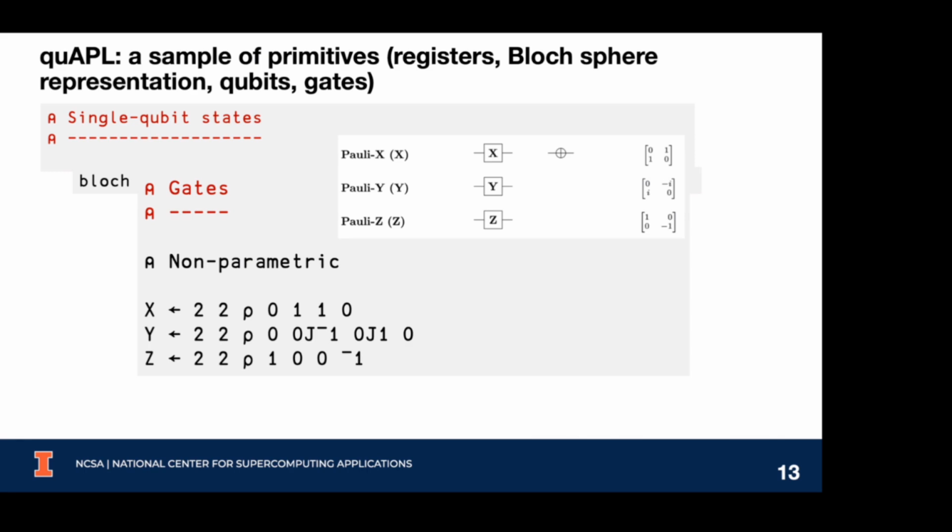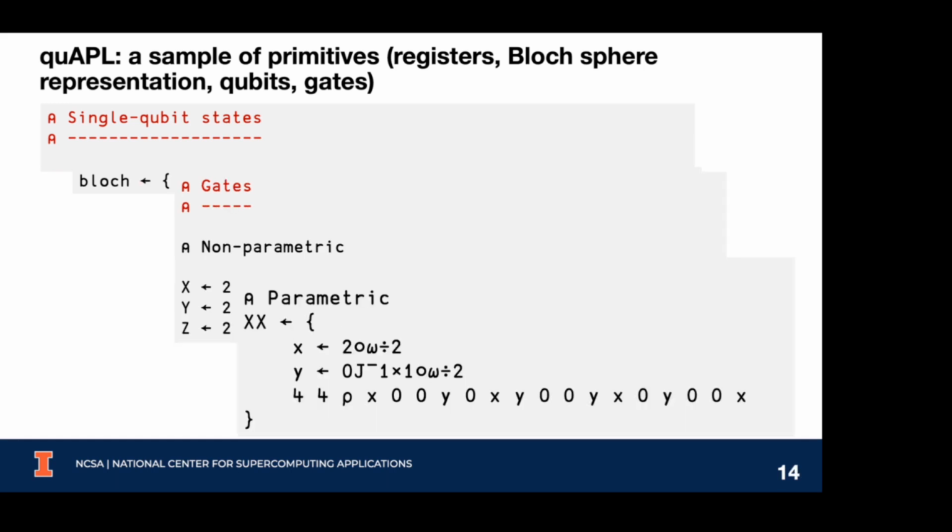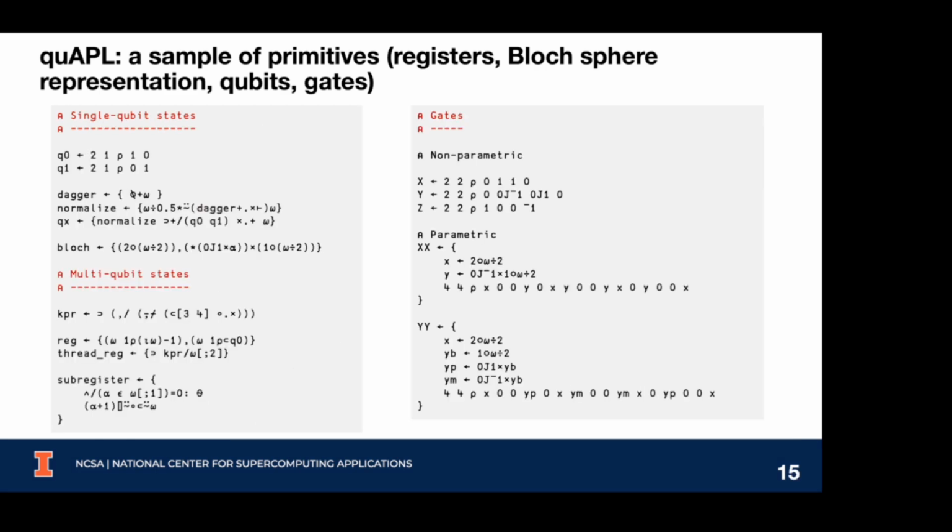We also have some non-parametric gates like the X, Y, and Z gates. And we also simulate some parametric gates, where we rely on several inputs, such as the X gate that we implemented over here. So this is a sample of some primitives that I have just presented to you.